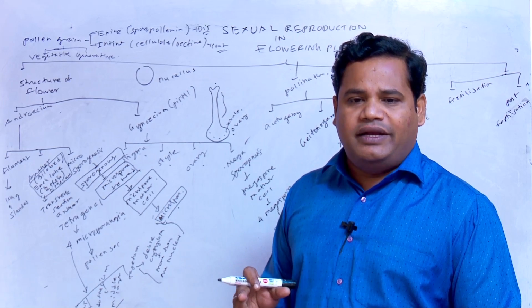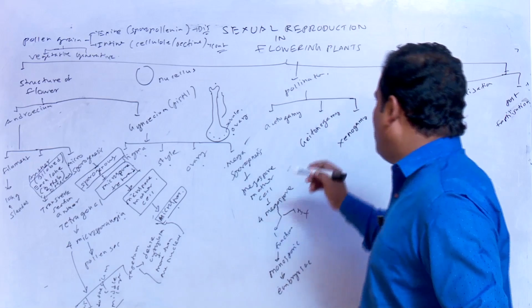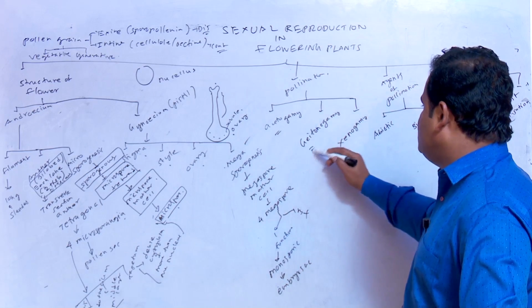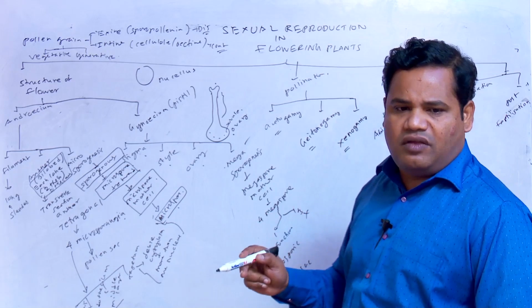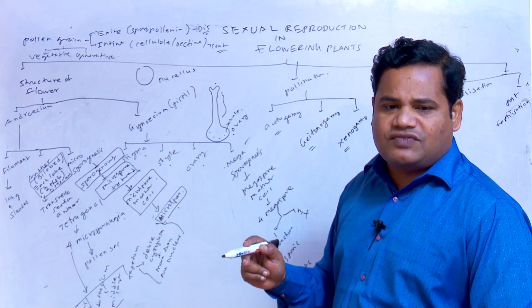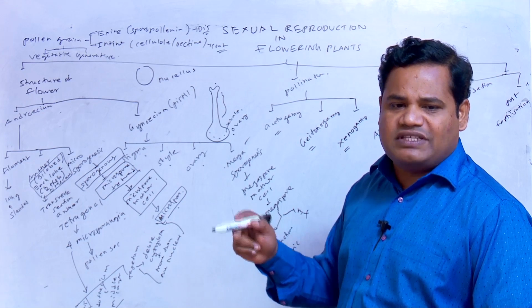When we talk about pollination, I told you pollination is possible by autogamy, geitonogamy, and xenogamy. Autogamy is the transfer of pollen from the anther to the stigma of the same flower.